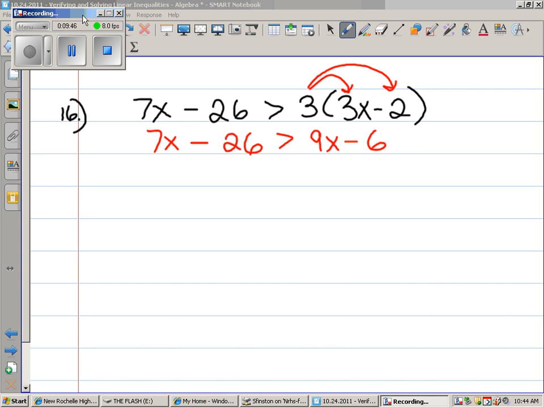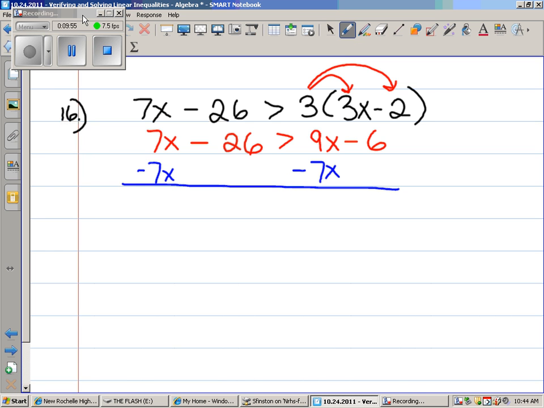So you subtract. You could also think of it like a weight, right? Both sides are the same. So I'm going to subtract 7x from both sides. That's what I'm going to do. In all the problems, though, if they're on opposite sides of the inequality or equality symbol, you have to do the opposite operation in order to combine them.